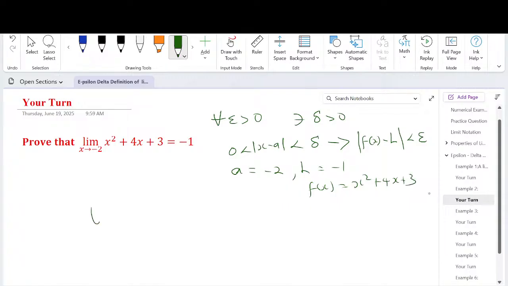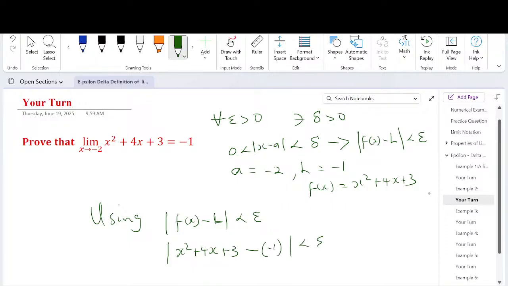So you have to start using this one: the absolute value of f of x minus L is less than epsilon. You cannot substitute the parameters. So this will be x squared plus 4x plus 3 minus L, that is minus (negative 1), must be less than epsilon.